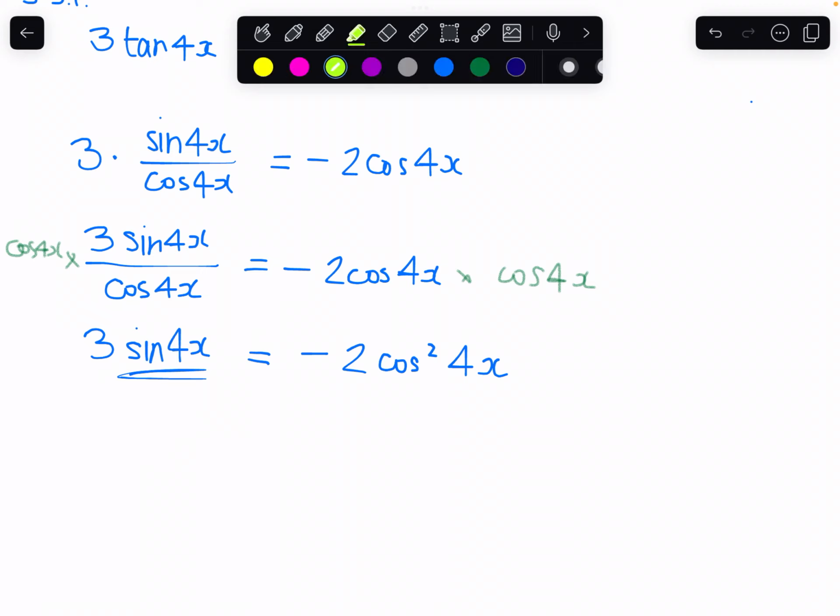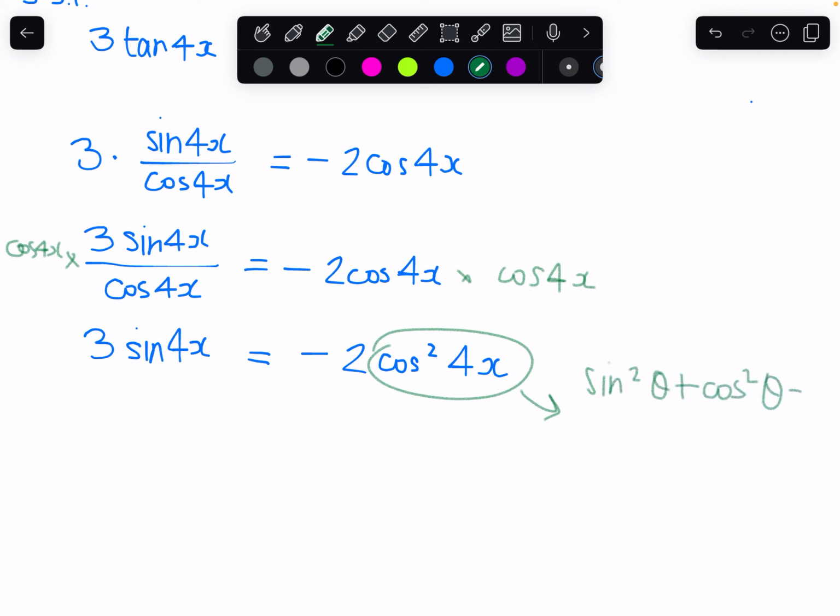Whereas if I look at cos squared 4x, I could rewrite it using the squares identity. We know that sine squared of an angle plus cos squared of an angle is equal to 1. So cos squared theta is equal to 1 minus sine squared theta. And I think they do give this to you on your formula sheet.